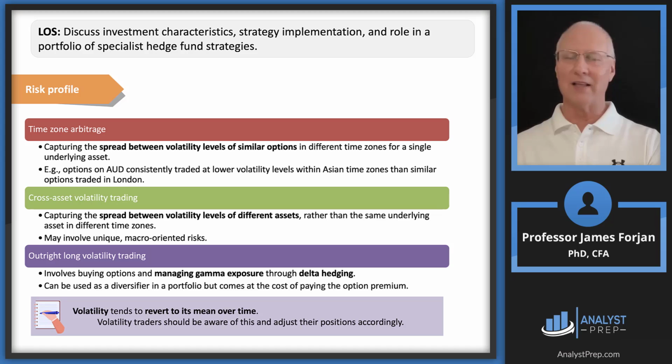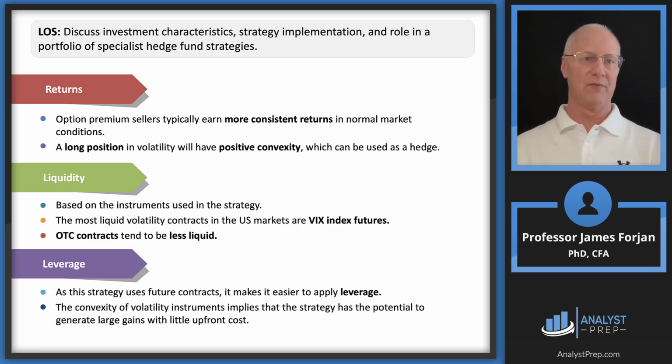Look at the bottom. Volatility tends to revert to its mean over time. I try to emphasize that in all of my recordings. When it's relevant, please don't forget reversion to the mean. Here we go. I like that first bullet point up there. More consistent returns in normal market conditions. Now, this is the second time we've said this on one of our slides here.